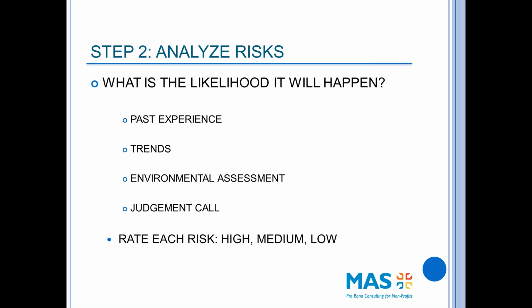So how likely is it? There are some risks that are very likely to happen. Some risks have a very low likelihood. So for each of the risks, the first part of analyzing that risk is to assign a likelihood to it, which is just a matter of thinking about the risk and making a judgment call as to how likely it is that that bad thing will happen.